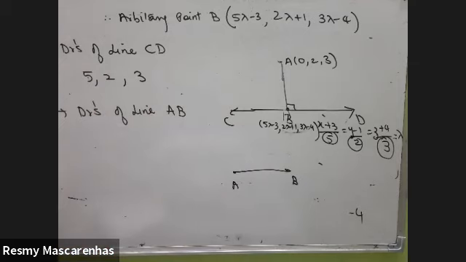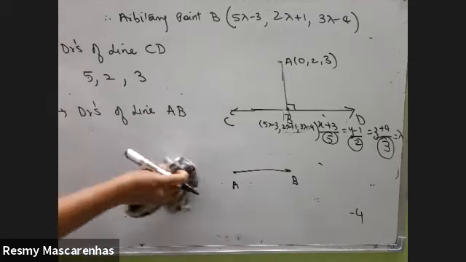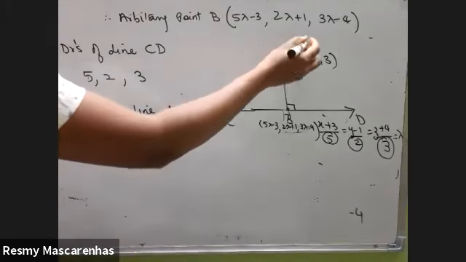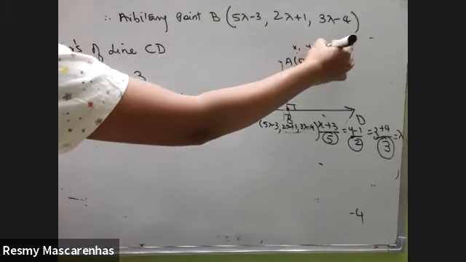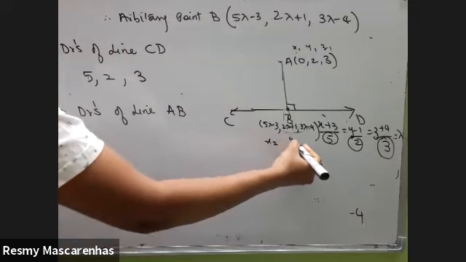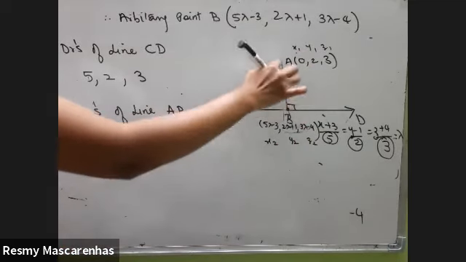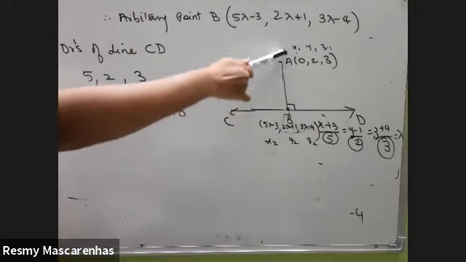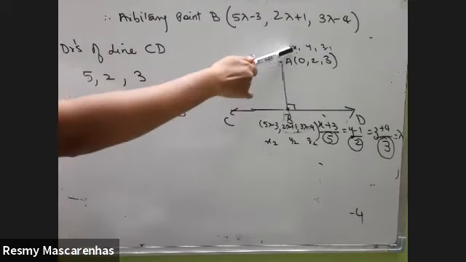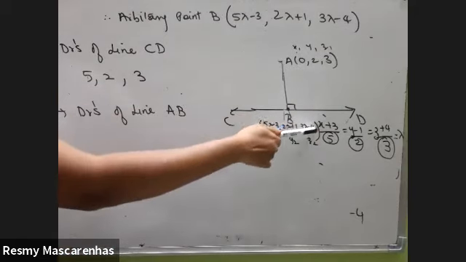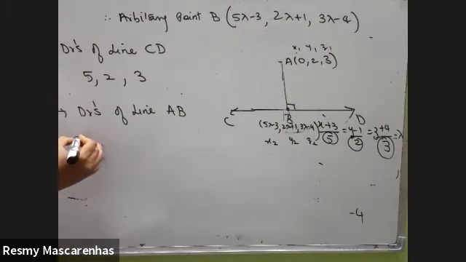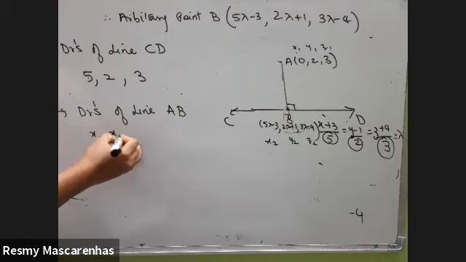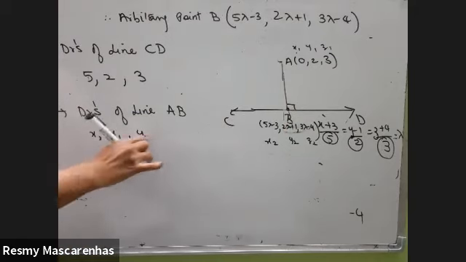So using that concept, you can consider this as x1, y1, z1. This will be x2, y2, z2, the 2 points you know of a line. So straight away you can find direction ratios by x2 minus x1, y2 minus y1, and z2 minus z1. I'll just write it in. Later you can skip this.